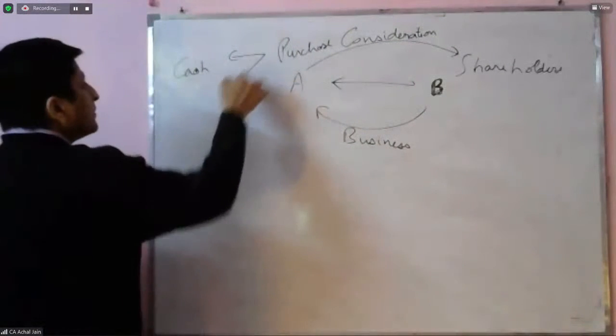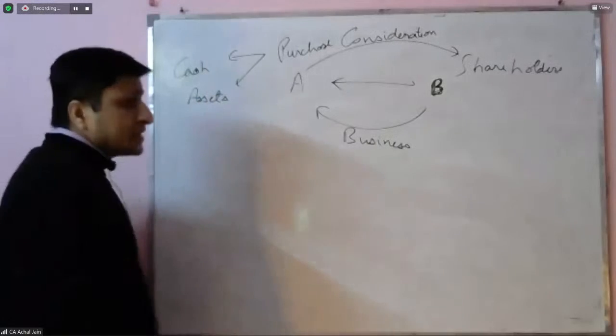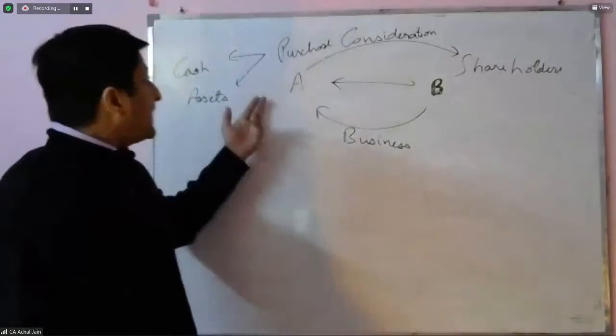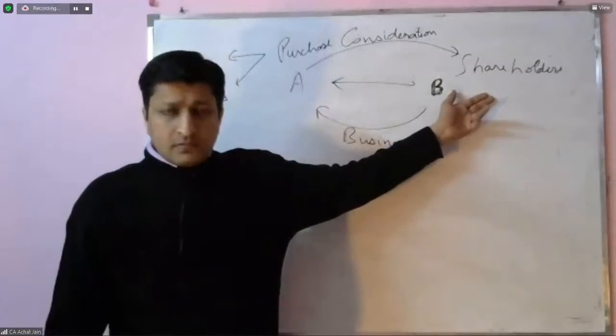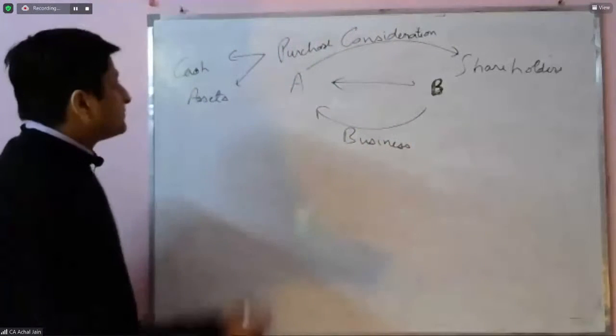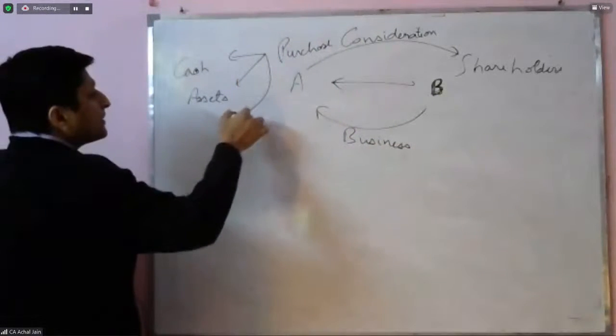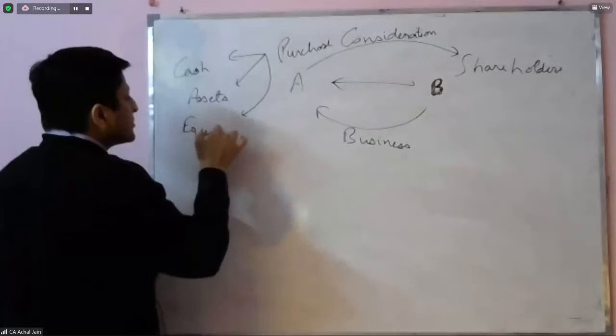Number two, maybe some assets have been given. Instead of paying money, A might have given some assets to the shareholders of B as part of the purchase consideration. Or a very common thing, A might have issued equity shares.